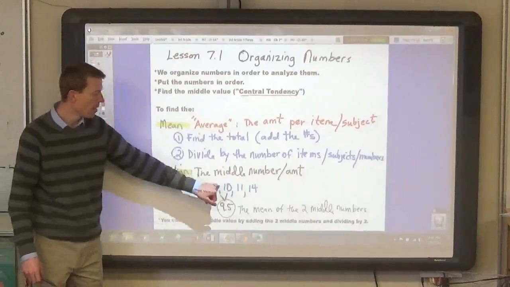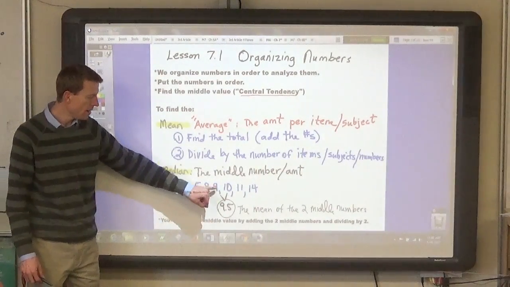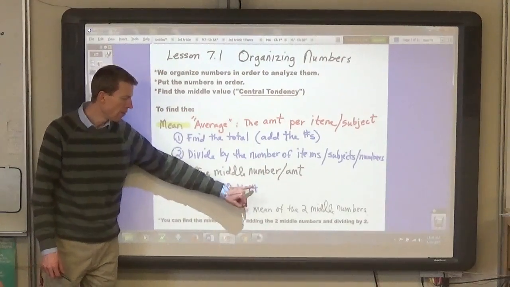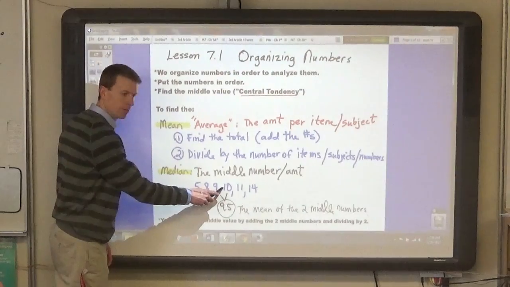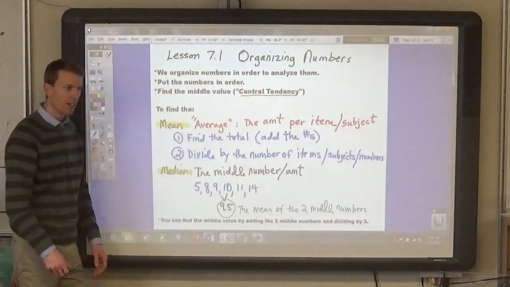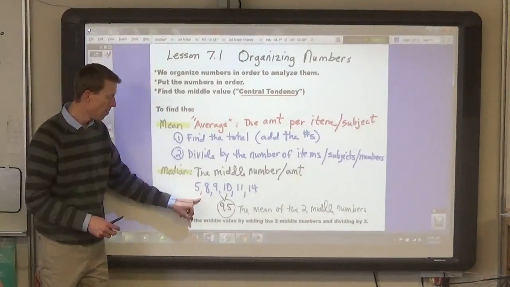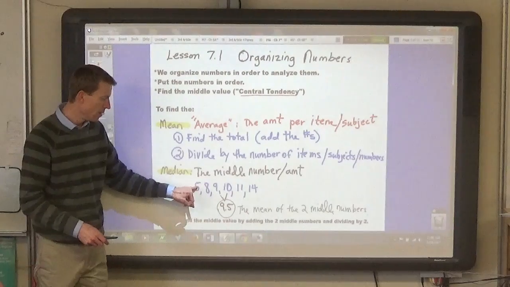So there isn't a middle number in this set. We put these numbers in order, 5, 8, 9, 10, 11, 14. These 2 numbers are in the middle. There's 2 on each side of these 2 numbers because there's 6 total values in this set.